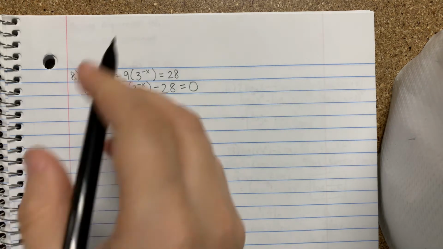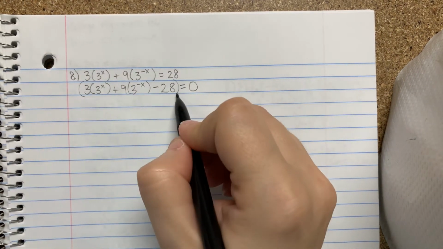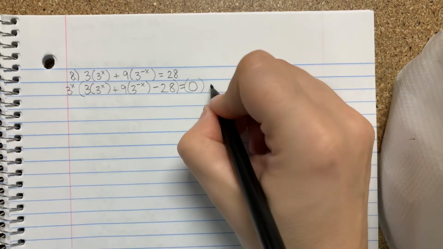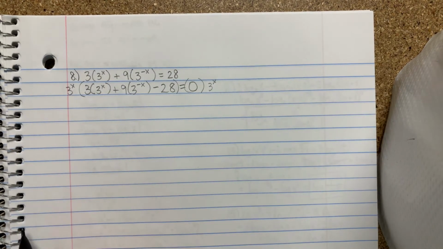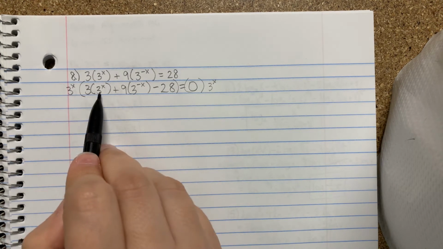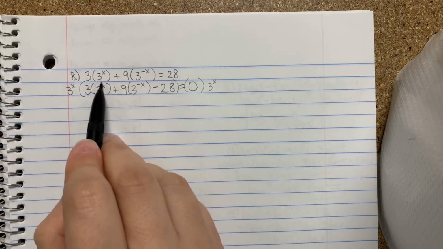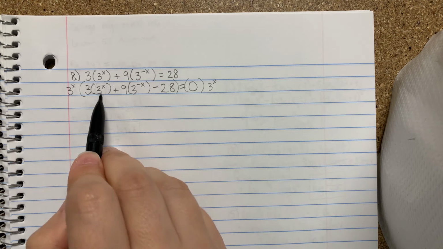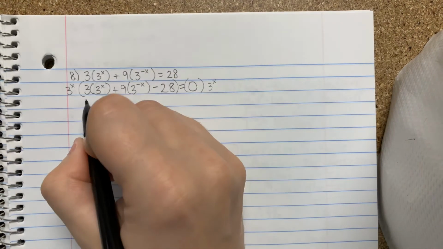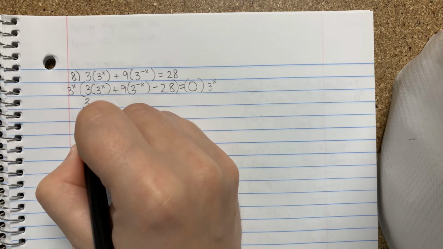So the first thing I'm going to do is take this whole thing, really both sides, times 3 to the x power. And why would I do that? Well, if I took it times 3 to the x power, that means I have 2 of those in this first one, which means it's squared. So this 3 is going to stay put.